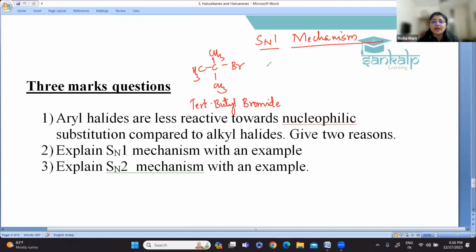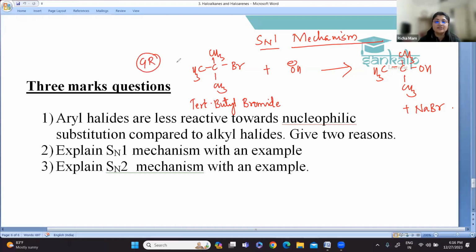Then tertiary butyl bromide plus a nucleophile OH- will give you (CH3)3C-OH plus NaBr. So this is our general reaction. So write the general reaction first.